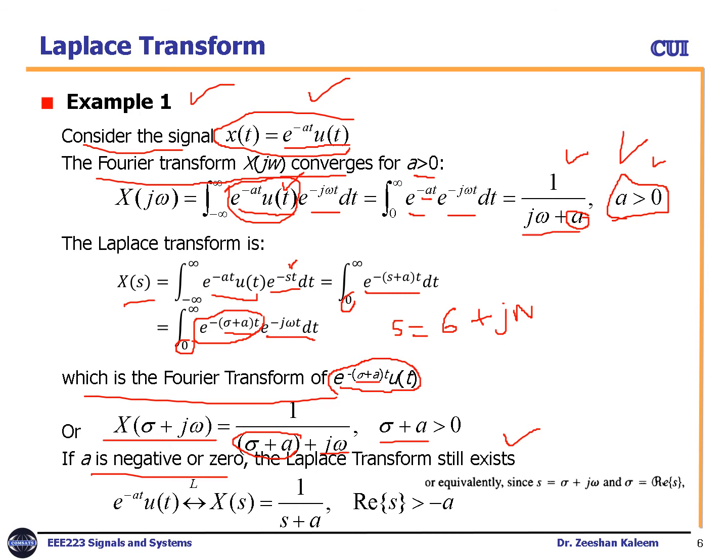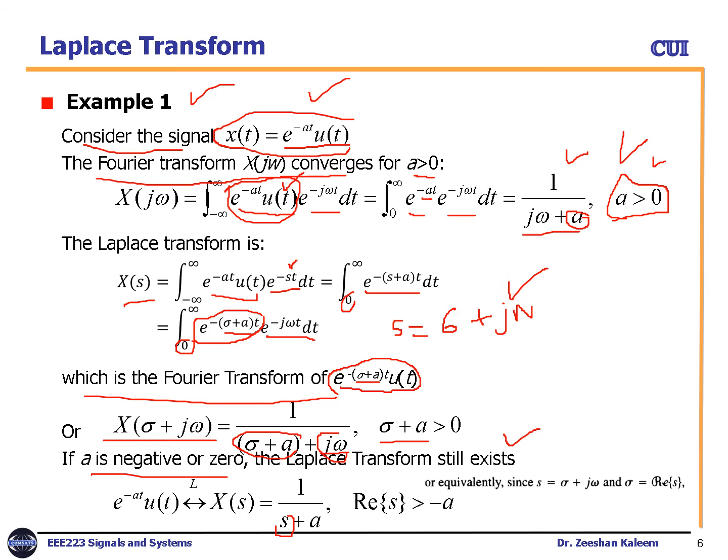By replacing sigma plus j omega with s, because you know that sigma plus j omega is s, we can write s plus a as well. So we can write 1 over s plus a.